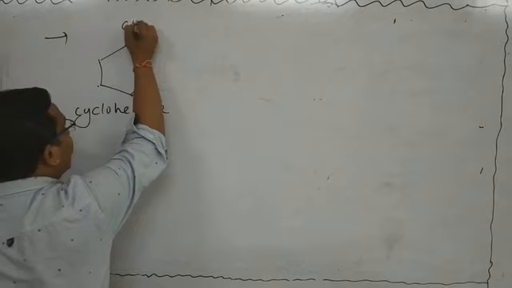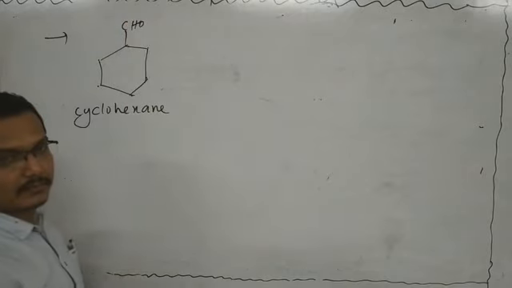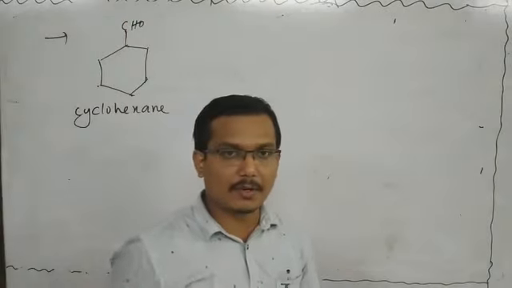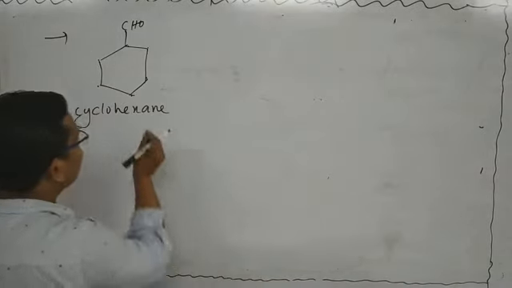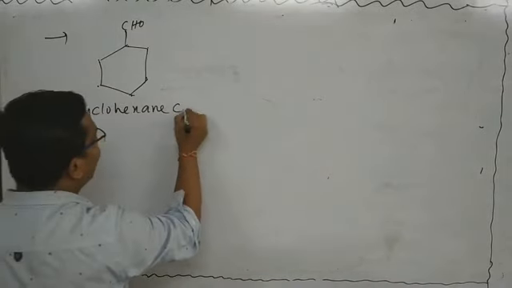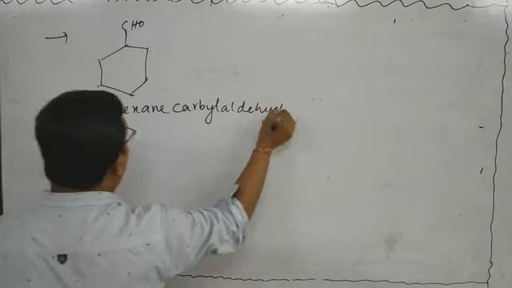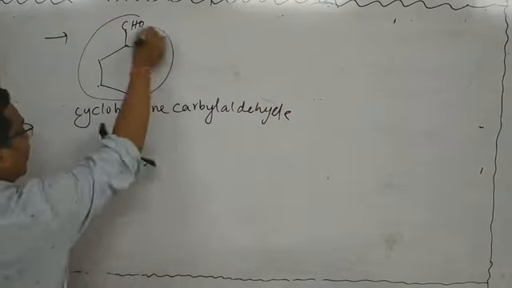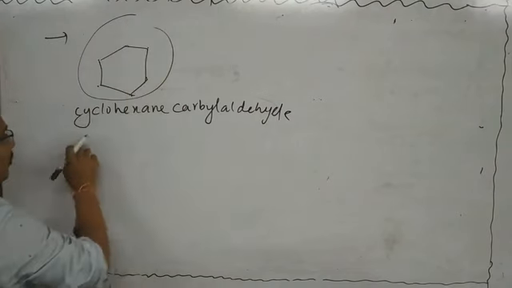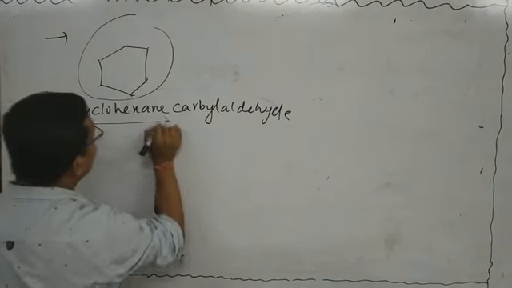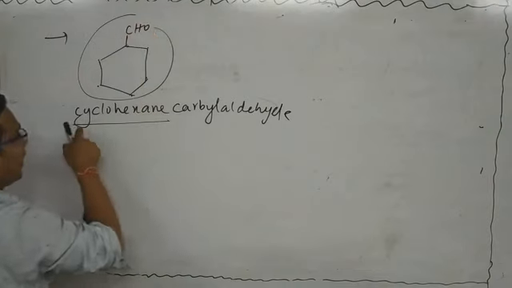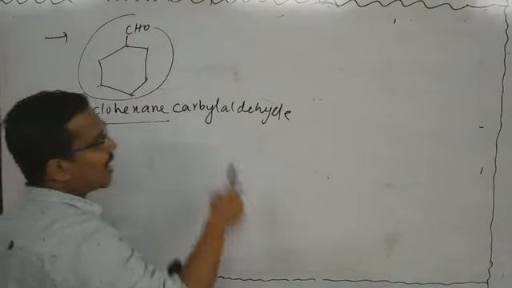Suppose an aldehyde group is present here, then what will be the name of this compound? Nothing, simply adding the word carbaldehyde. Before CHO it is named cyclohexane. When CHO is present, then the name is cyclohexane carbaldehyde.